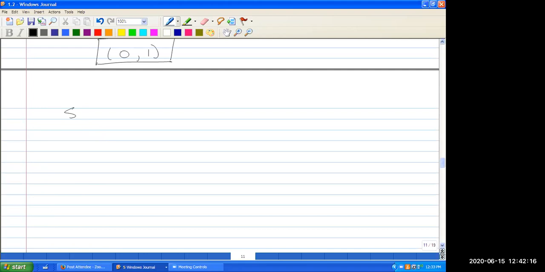So symmetry: it's not symmetric with respect to the x-axis. WRT means with respect to.